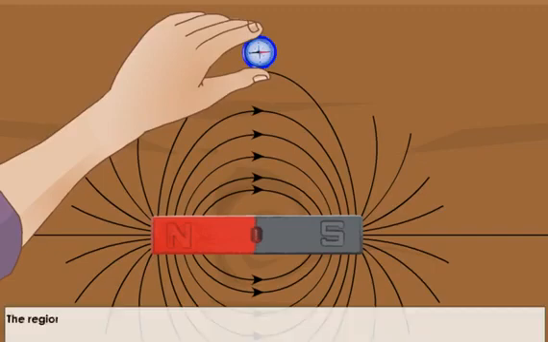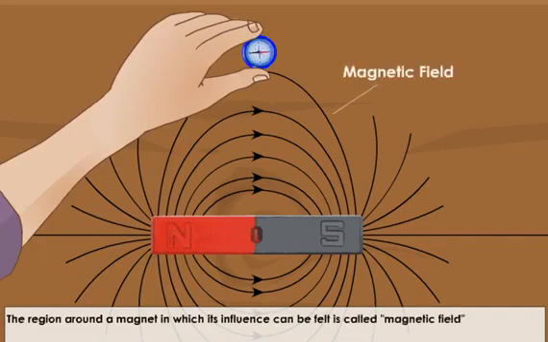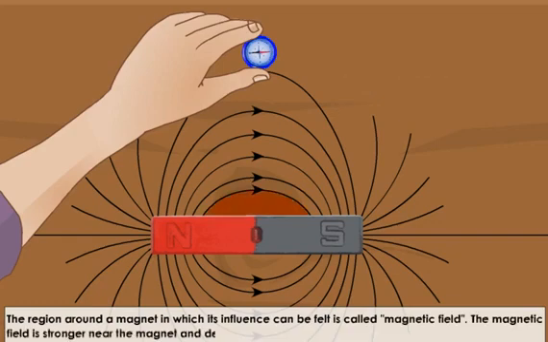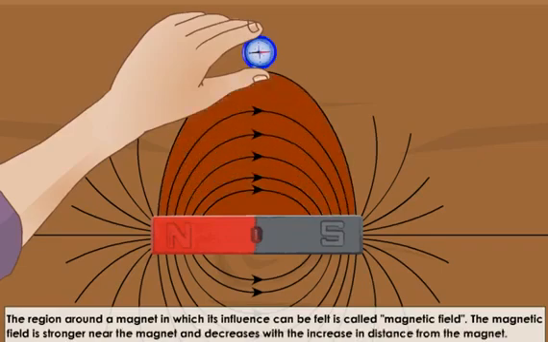Students, the region around a magnet in which its influence can be felt is called magnetic field. The magnetic field is stronger near the magnet and decreases with the increase in distance from the magnet.